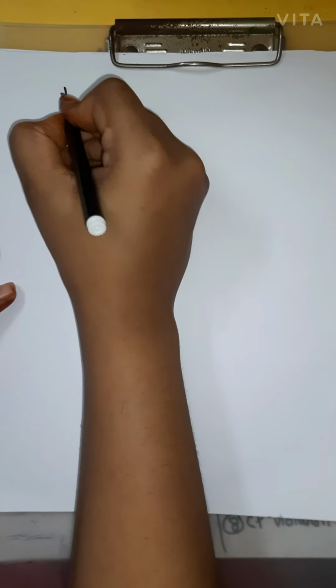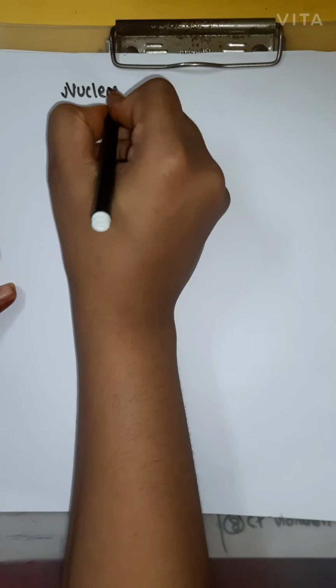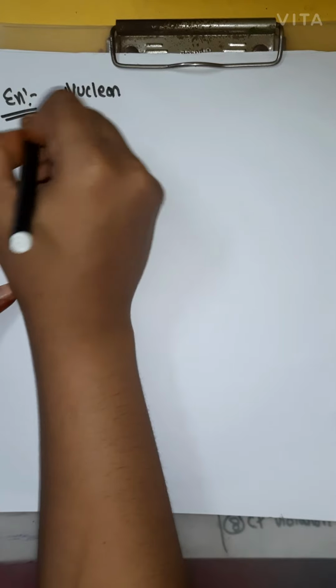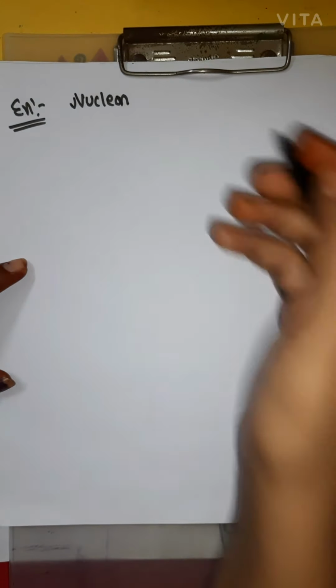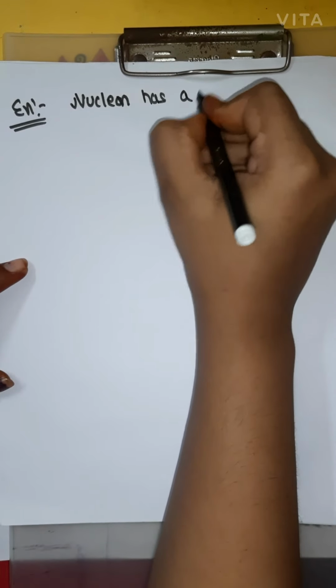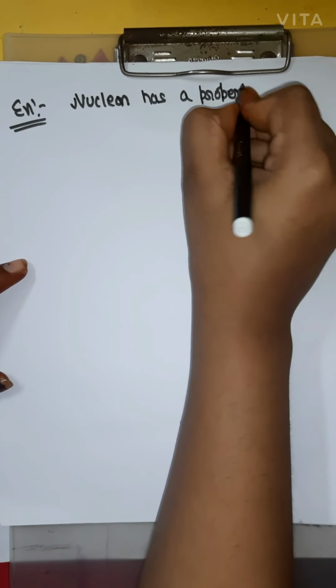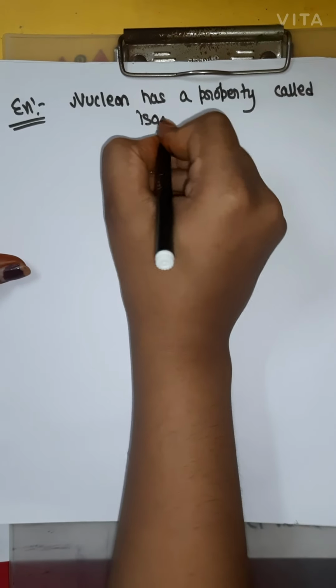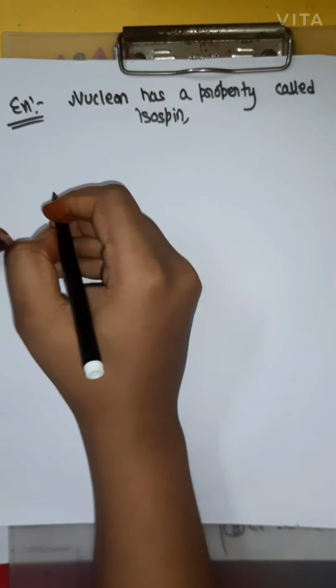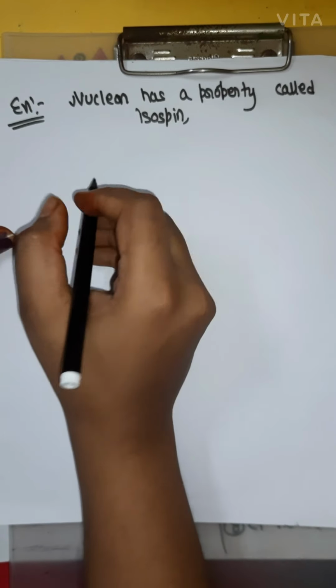For example, a nucleon has a property which we discussed earlier called isospin, which is mathematically analogous to spin.